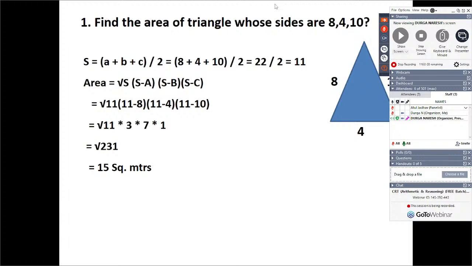Okay. So the s value is 11. Once we get the s value, we have to focus on root of 11 into (11 minus 8) into (11 minus 4) into (11 minus 10).